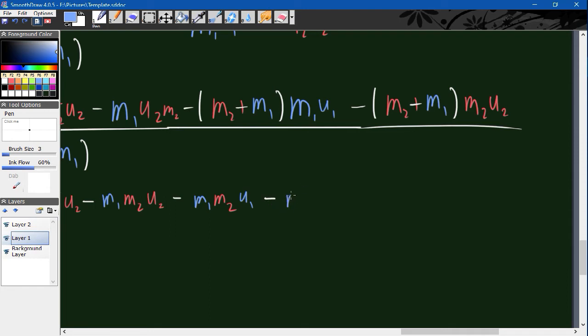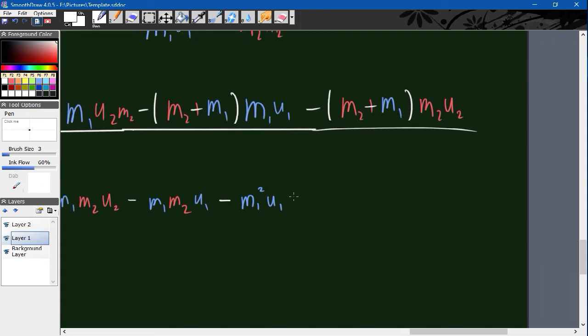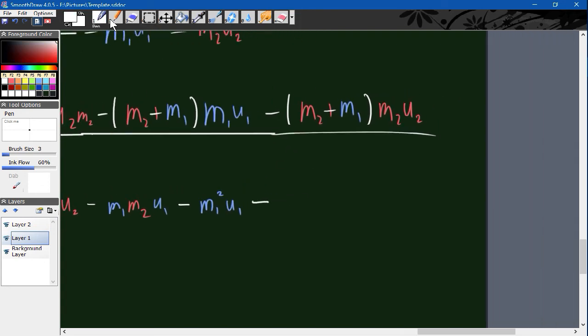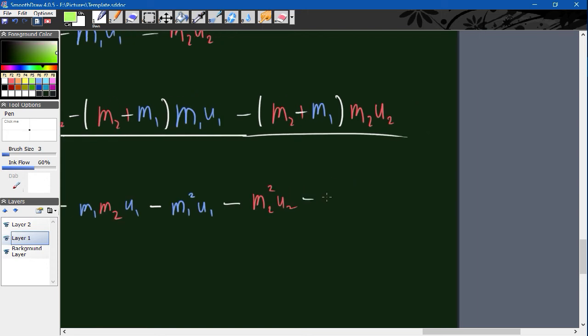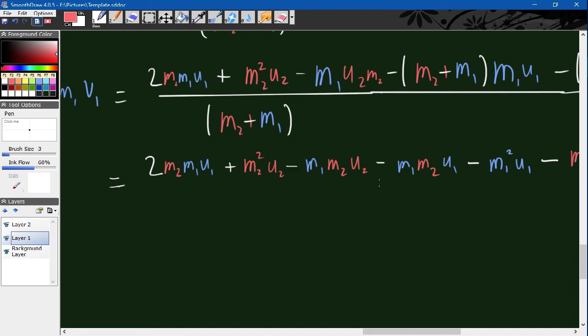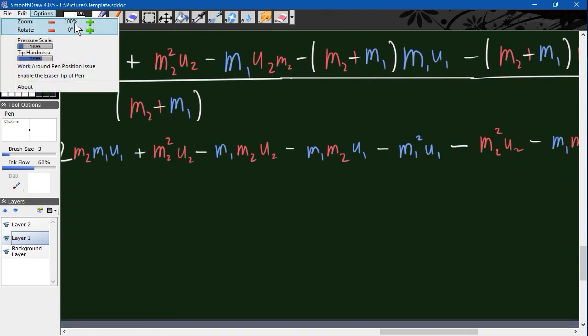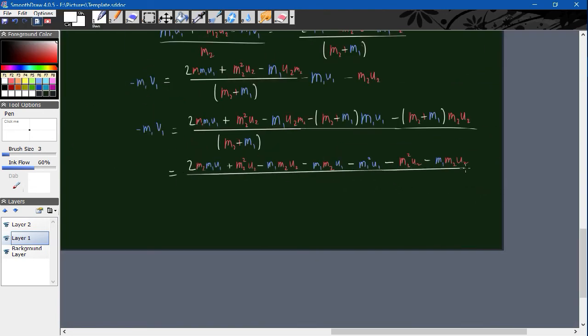M1 squared U1 minus M2 squared U2 minus M1 M2 U2. That's so many letters. I don't like letters. Then all under this bad boy.